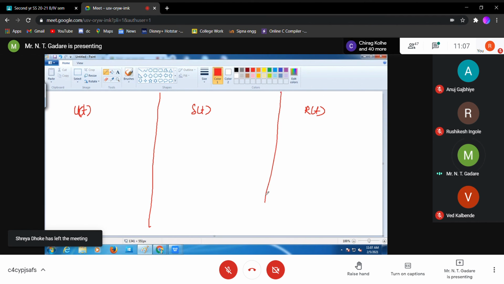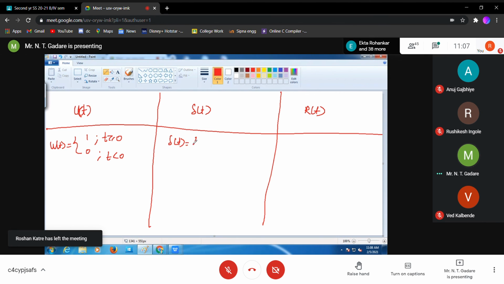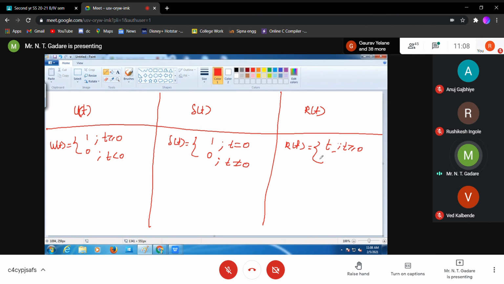This is what the 3 mathematical points as we all know. Okay, u of t it is given as 1 and 0. 1 for what? T is greater than 0 and 0 is for t less than 0. Del of t is equal to what? It is 1 when t is equal to 0 and 0 when t is not equal to 0. And r of t is what? It is again t for t greater than 0 and 0 for t less than 0.